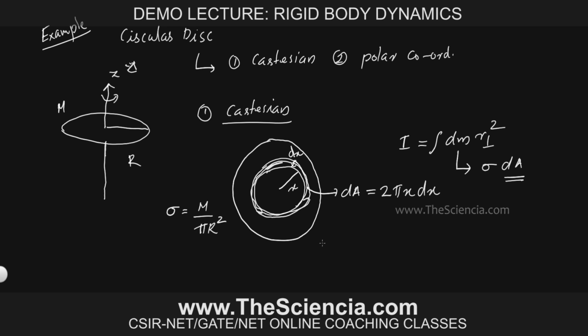So what is dm? Now dm equal to sigma dA, that is sigma is equal to m by pi r square into dA, that is dA is equal to 2 pi x dx. So we got dm. Now we can substitute this dm value here.